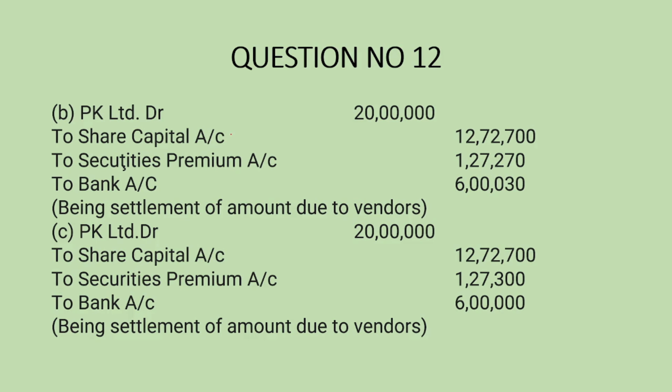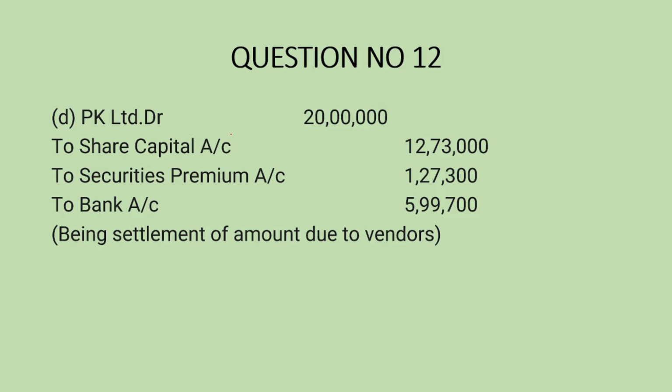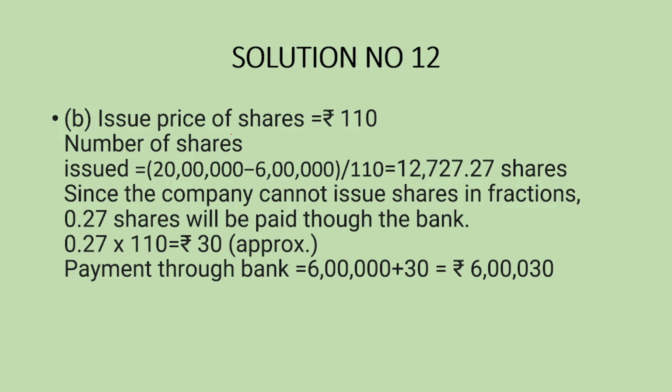This is journal entry number B. You can see journal entry number C over here, and you can see this D is another journal entry written over here. So the correct option will be B, because the issue price of the share is rupees 110.